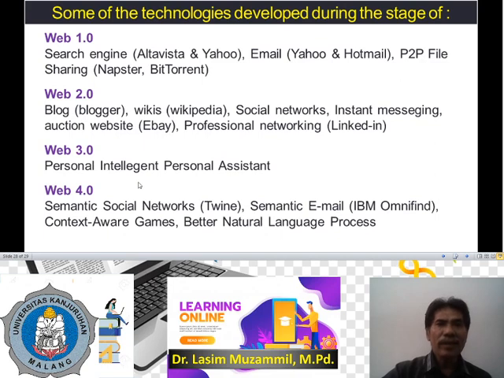What about Web 3? Yeah, intelligent personal assistants. I think you still remember when I demonstrated in front of the class, using my mobile phone, that you have Google Assistant, right? So you can ask Google everything you want. But one thing we should remember is that when I asked Google about its gender, Google cannot answer that.